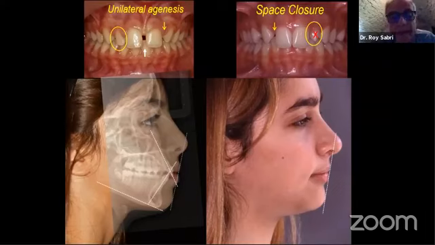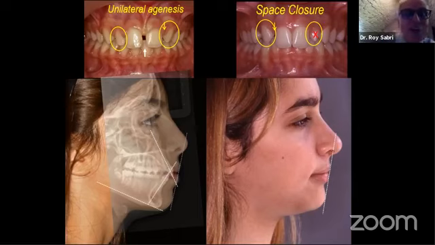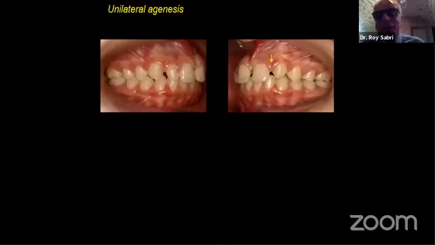What's the difference between the two? The difference is that the new patient on your left side has a larger existing lateral and a smaller canine. Did you get that? Larger and smaller. So what I did here, I treated with unilateral space closure.